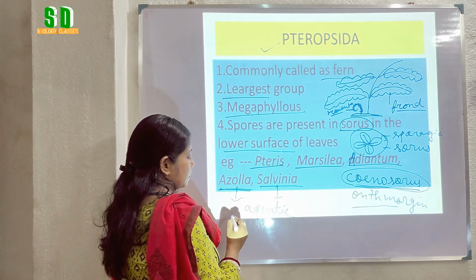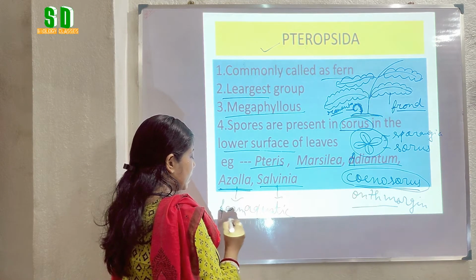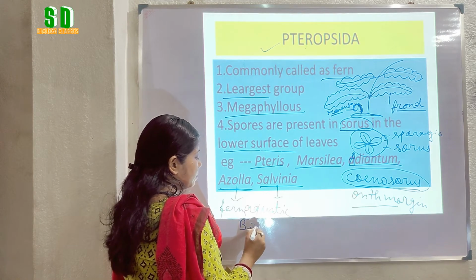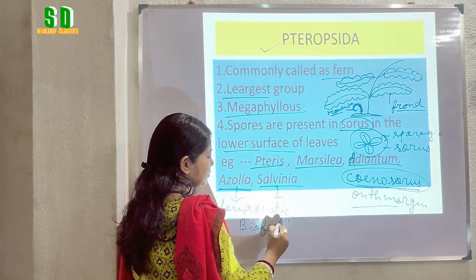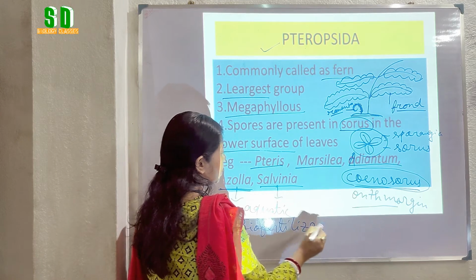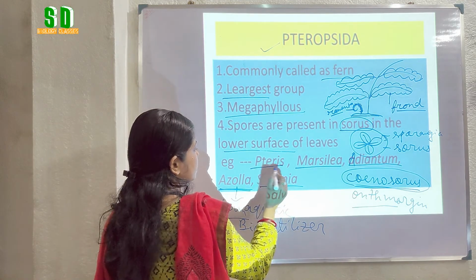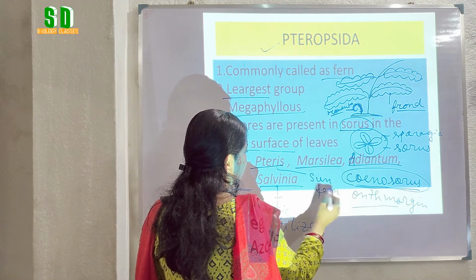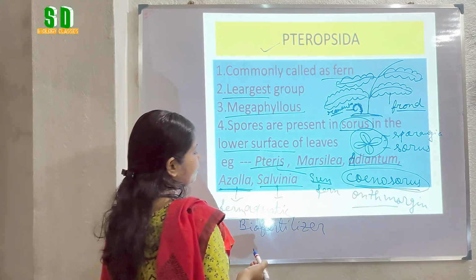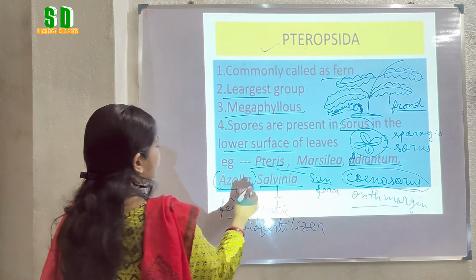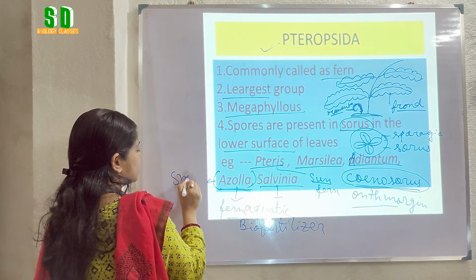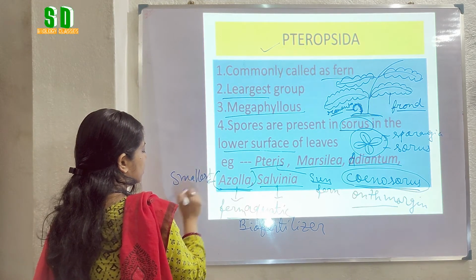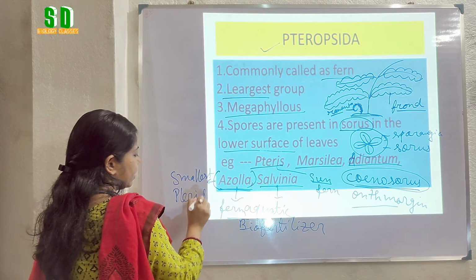Azolla is called the aquatic fern and it is also used as a biofertilizer. Pteris is commonly called the sun fern. Azolla is also the example of the smallest pteridophyta.